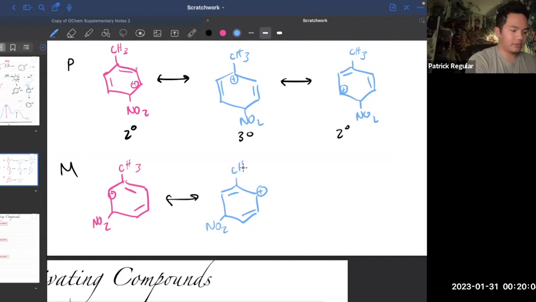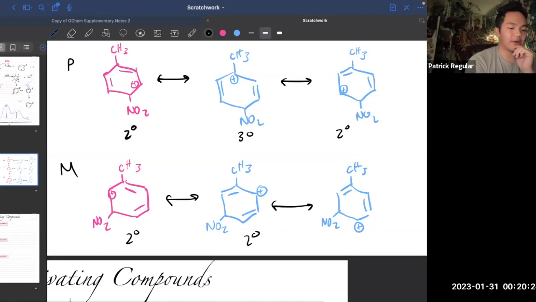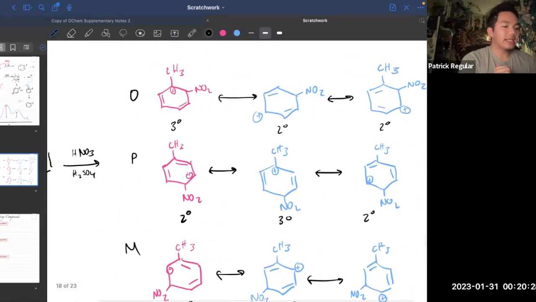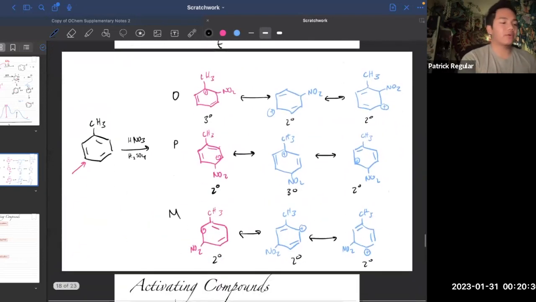NO2, door hinge again, form resonance structure that looks like this. NO2, CH3. Okay. So if we have this, let's look at our carbocation stabilities, secondary, secondary, secondary. You look at that.